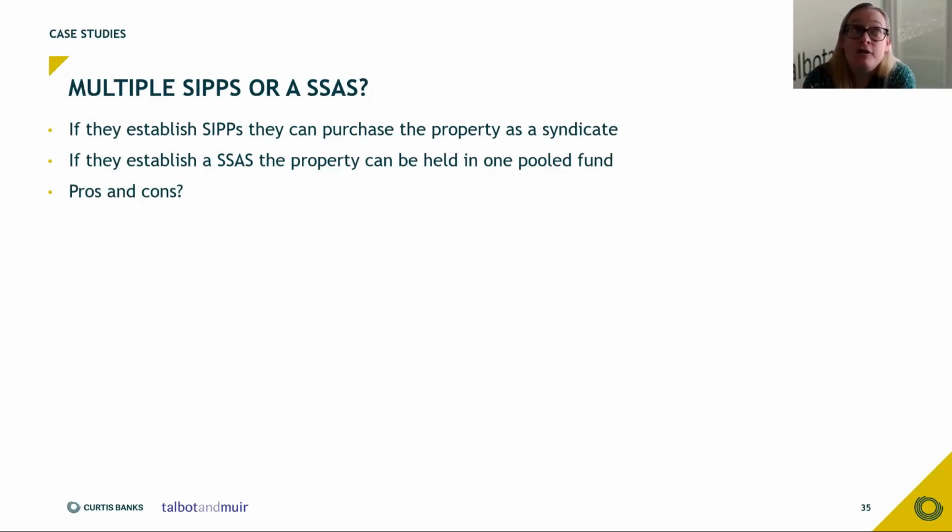So obviously you're looking and you start to think, right, SIPPs, we've got five SIPPs. We know we can purchase commercial property under the SIPP. Yes, that could be a good option for them. On the SSAS side, there's a limited company. They've got a sponsoring employer. They are five family members. They have pension pots that they can pool within the SSAS and then look to purchase the property.